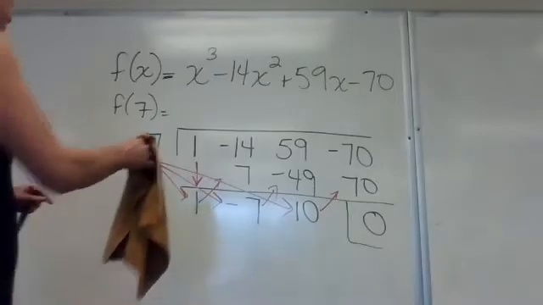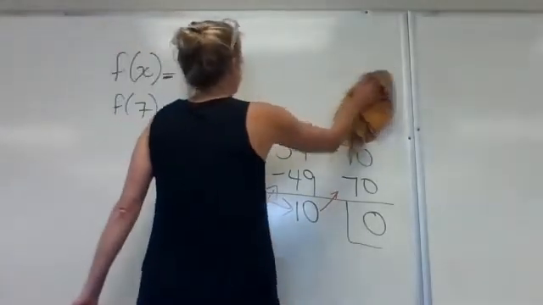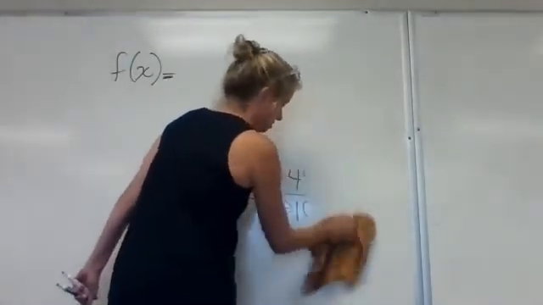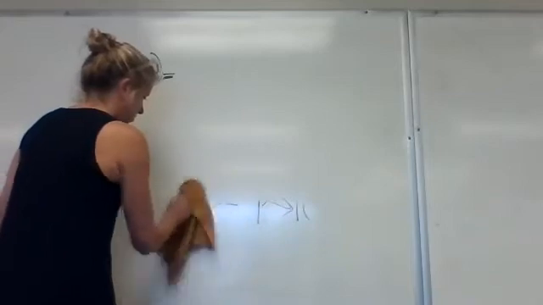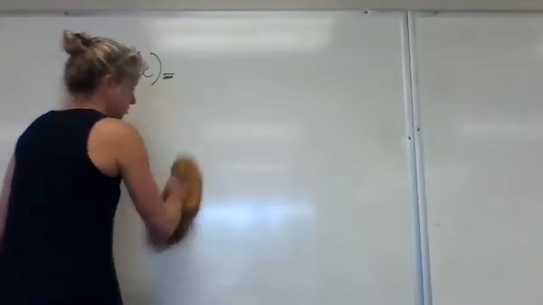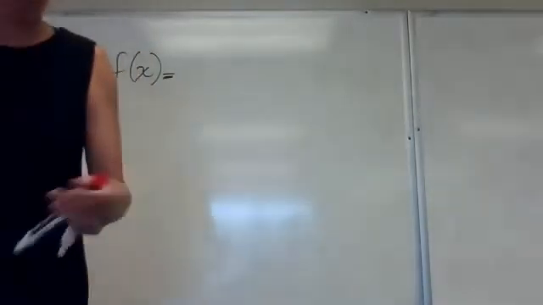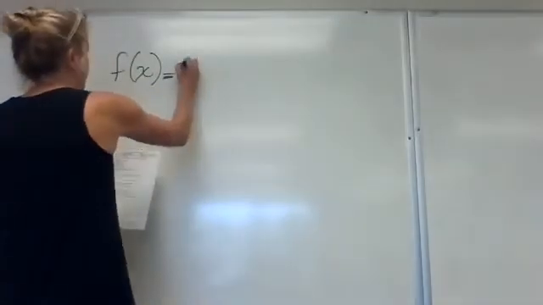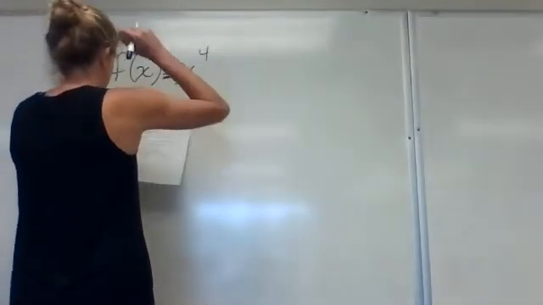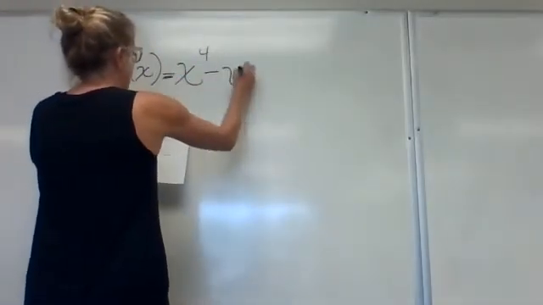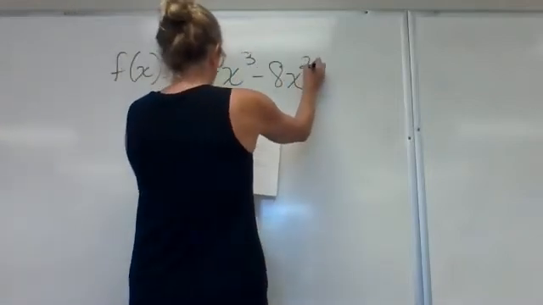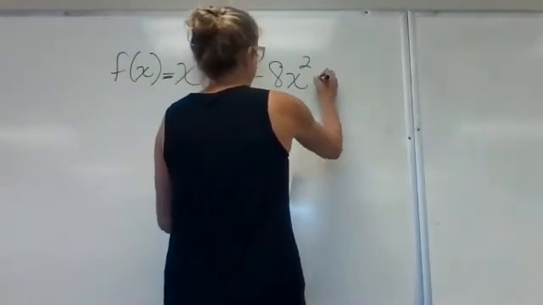All right, number 2, a new function. F of x is this time x to the 4th minus x to the 3rd minus 8x squared plus 42x minus 29.